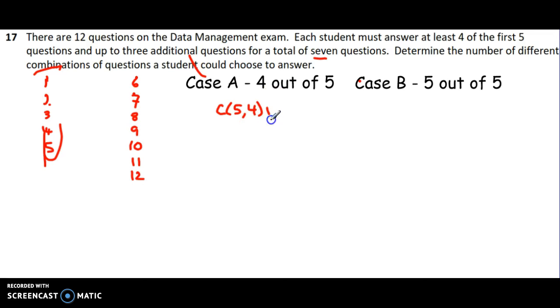So we're going to multiply this by the number of ways to choose 3 questions from the remaining 7. So we're going to choose from the 7 remaining questions 3.